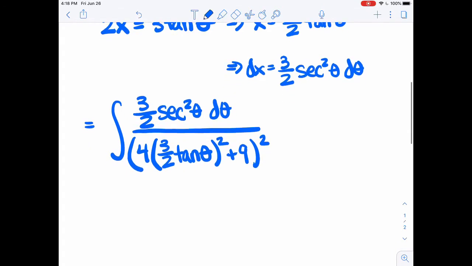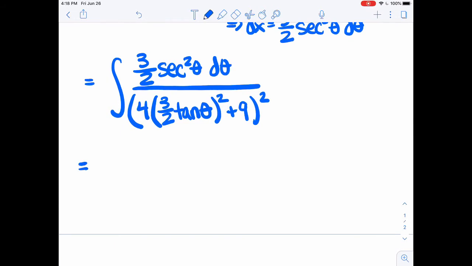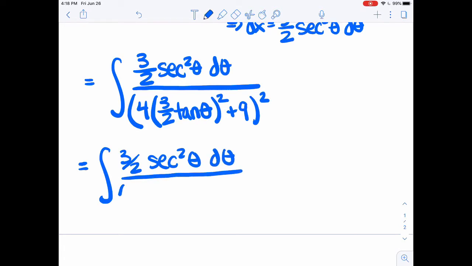Now that's all in terms of theta, and it all needs to be simplified. So let's go 3 halves secant squared theta d theta over, what do we have down here? I square the 3 halves, multiply by 4, and I get 9 tangent squared theta plus 9, quantity squared.